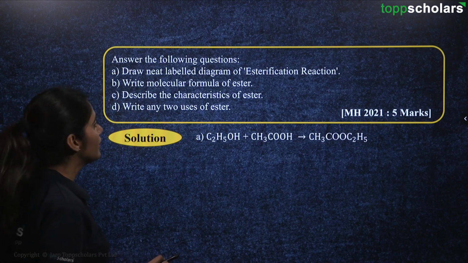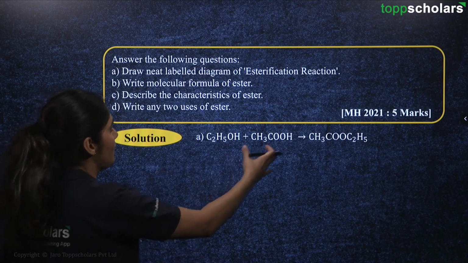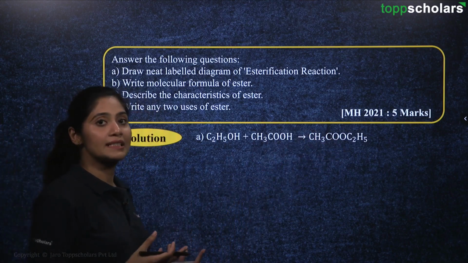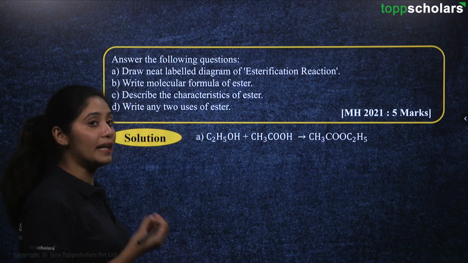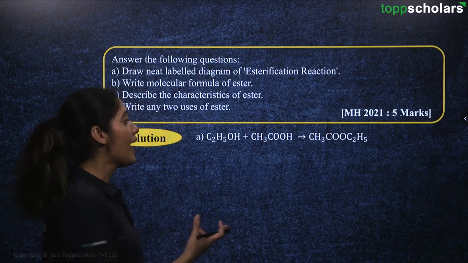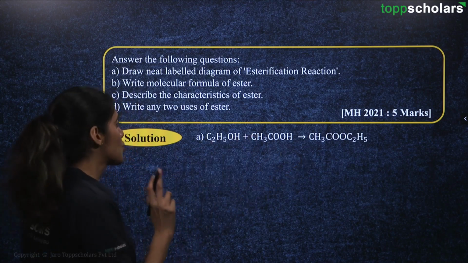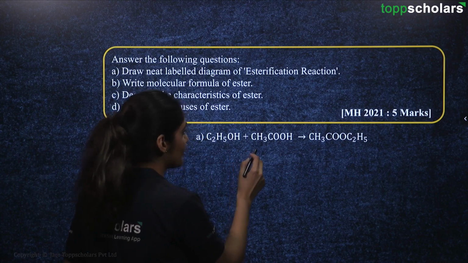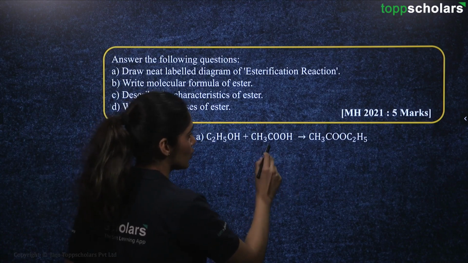So we will have the diagram of esterification reaction. Here what we have discussed is that it requires one carboxylic acid and one alcohol to form an ester. So here we have C2H5OH plus CH3COOH.